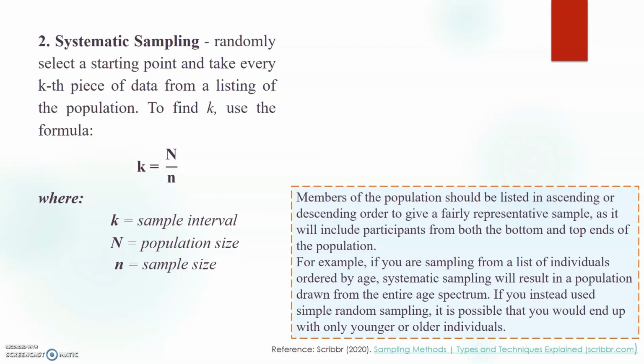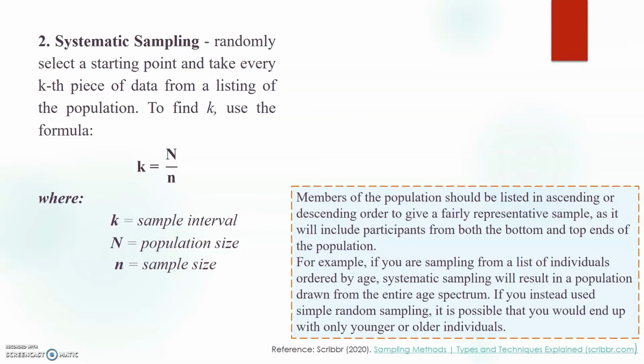So we'll get 3.7, approximately equal to 4. So every fourth member of the listing will be part of the sample. That's how to apply systematic sampling, hopefully when you do research. So again, how is systematic sampling different from simple random sampling?